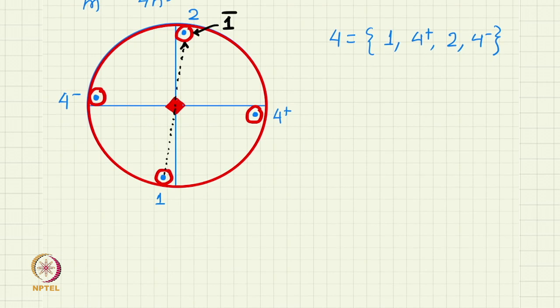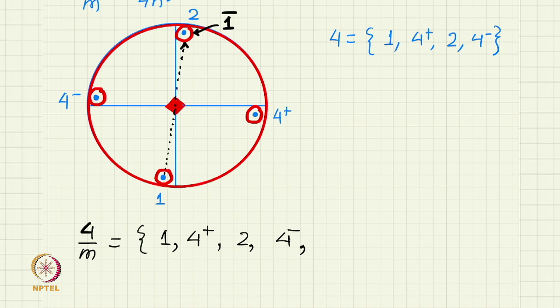So, which means I can write the group operations using this fact. So, the group 4 by m obviously has the fourfold axis. So, it is 4 plus, 2 and 4 minus, but now it will also have 4 type 2 operations.